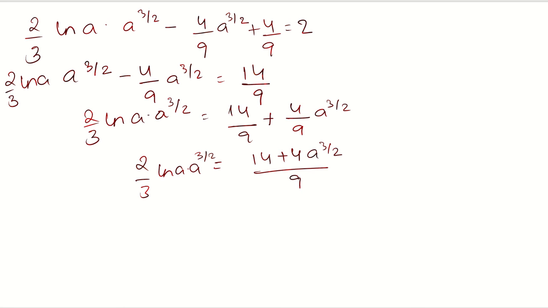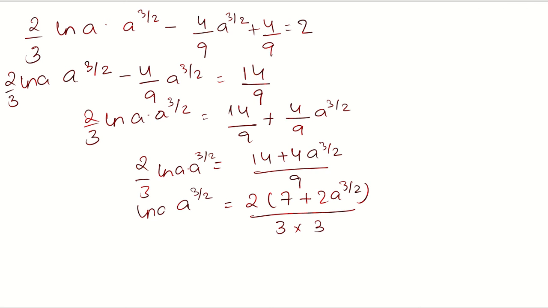Now what we'll do is factor out 2 from the numerator. That's going to be 2 times (7 plus 2a^(3/2)), and this is 3 multiplied by 3, and this is a^(3/2) ln a, and this is 2/3, right?